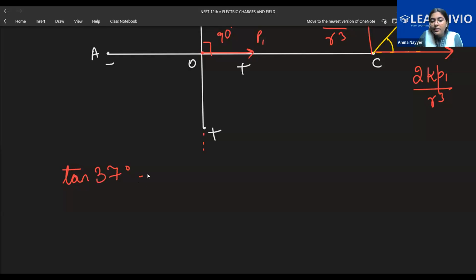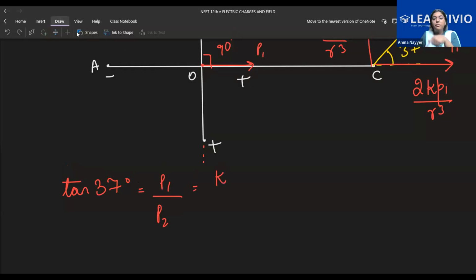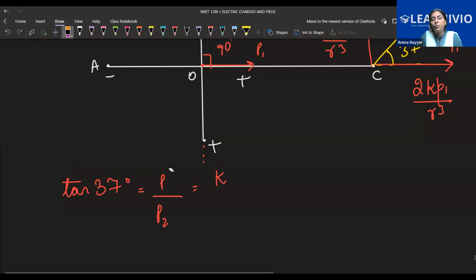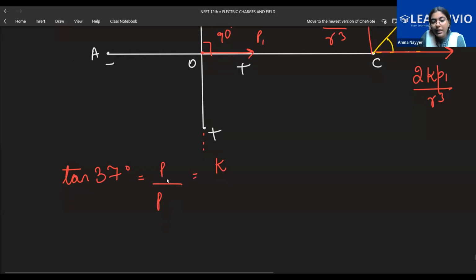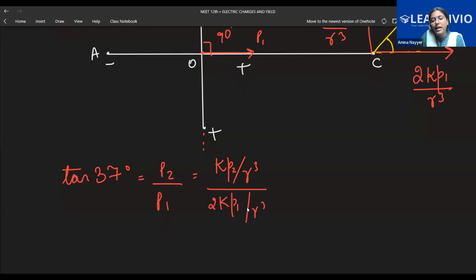So tan 37 degree will be, it will be opposite: perpendicular is P2, so P2 will come above. Tan is like this, so tan is P2 by P1. P2 is kp2 by r cube, and this is 2kp1 by r cube.